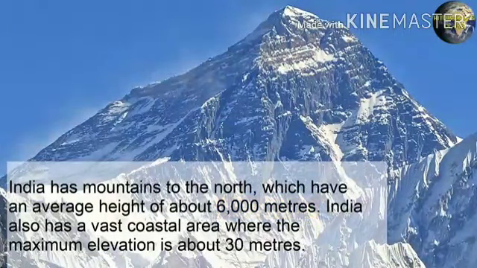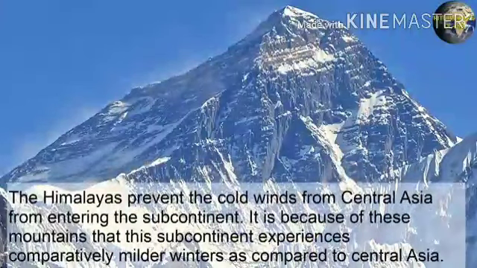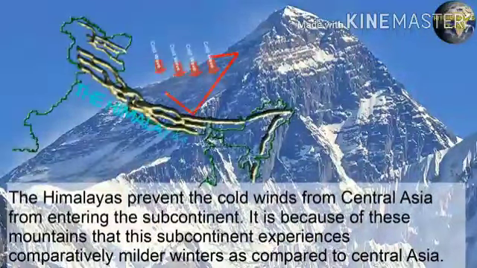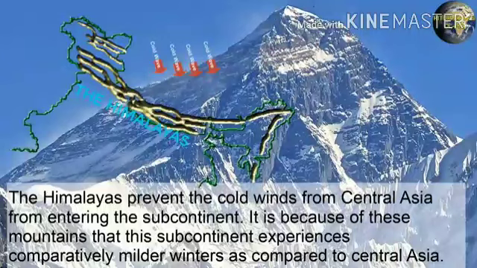India also has a vast coastal area where the maximum elevation is about 30 meters. The Himalayas prevent the cold winds from Central Asia from entering the subcontinent. It is because of these mountains that this subcontinent experiences a comparatively milder winter as compared to Central Asia.